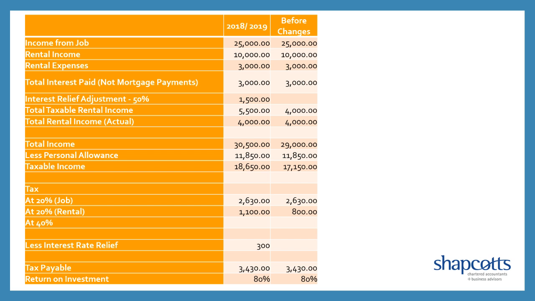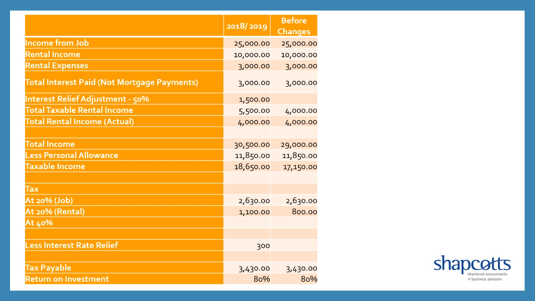So similar sort of approach, take off your personal allowance to give your taxable income. The tax on your job is the same, but the tax on your rental income is slightly higher. However, this is where we get the interest rate relief, which is arguably classified now as a tax credit. And it's literally 20% of the interest that you've paid.